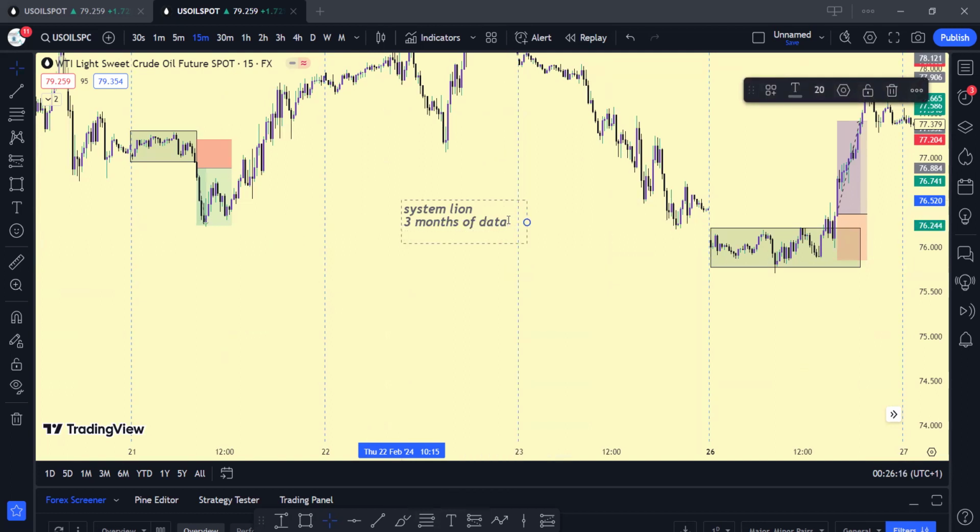3 months of data, your system gave you 40% accuracy, a 40% win rate. Out of 10 trades, you win 4. And you are worried that it's not good enough.